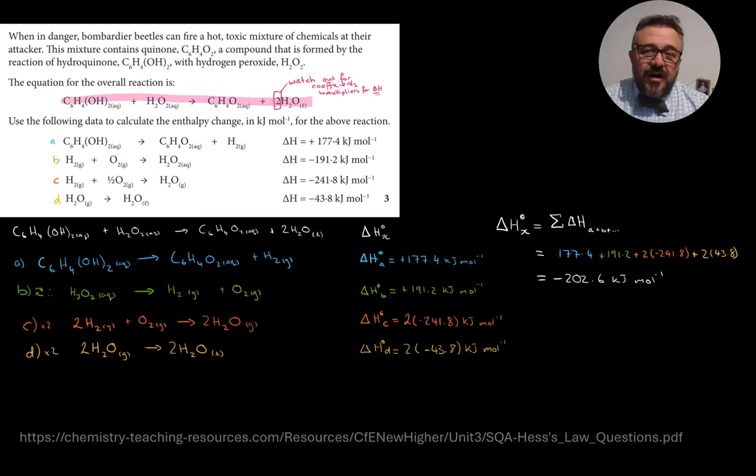Gives you minus 202.6 kilojoules per mole. Make sure when you write this out, you put a little minus there, because that comes from there too. Yeah, so that's how we do it. Same process, a little bit more complex because we had to do some flipping and some doubling. And let's have a look at one more example.